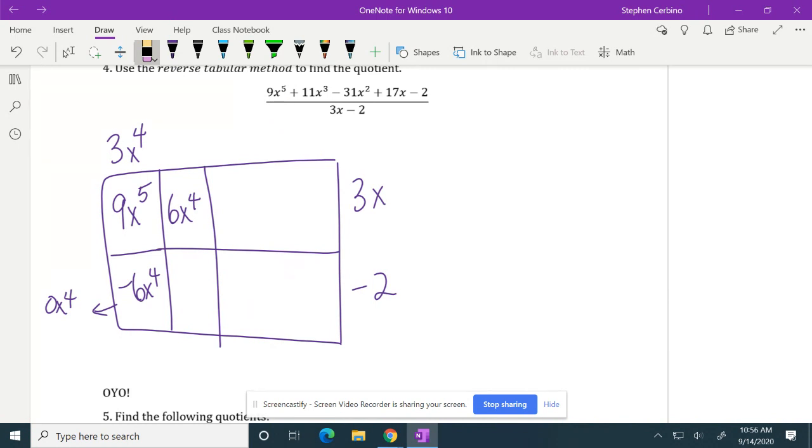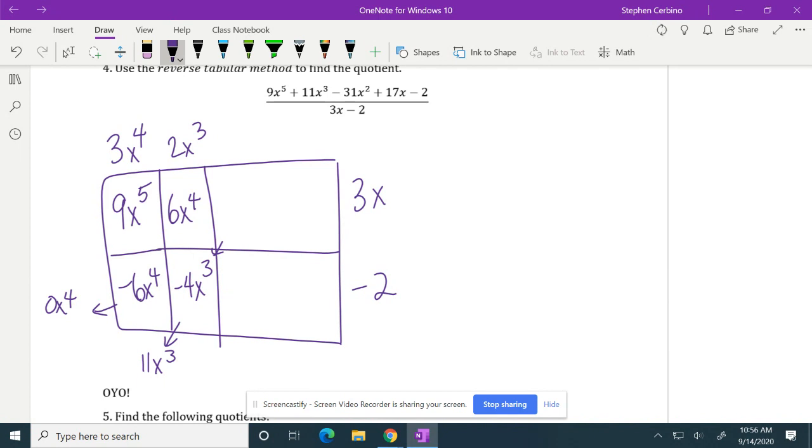Well, that's 6. 3 times what makes 6? That would be 2. X times x to the 3rd would make x to the 4th. 2 and negative 2 make negative 4. So we wind up having this negative 4x to the 3rd power. Well, how much x to the 3rd power do I want? These two boxes have to make 11x to the 3rd power.